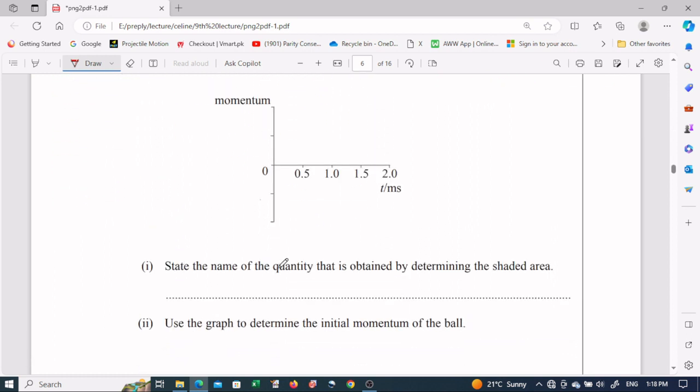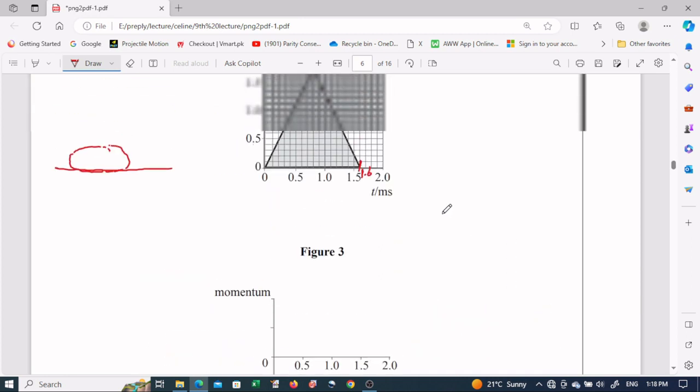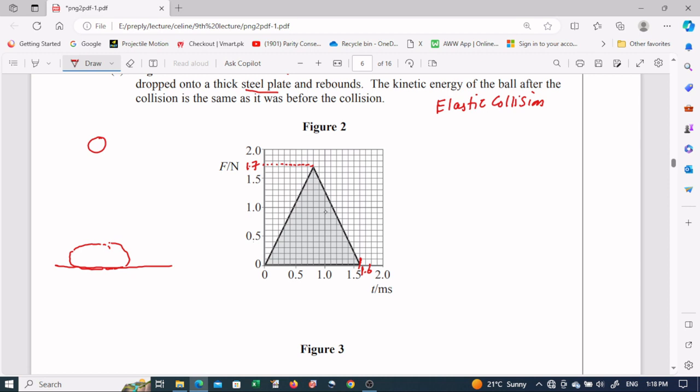State the name of the quantity that is obtained by determining the area of the shaded area. So we want to find the quantity that we can find using this shaded area.